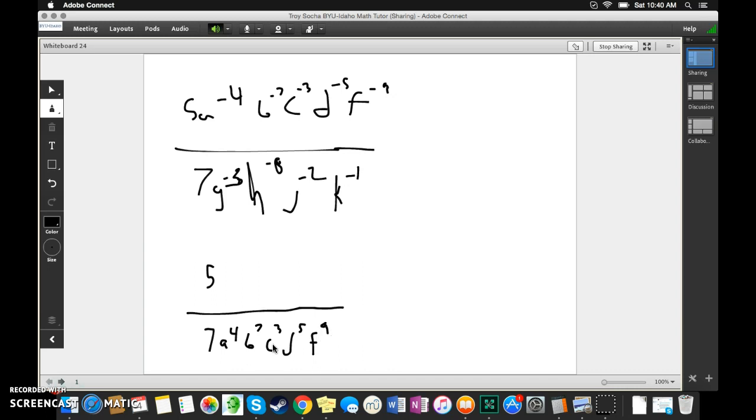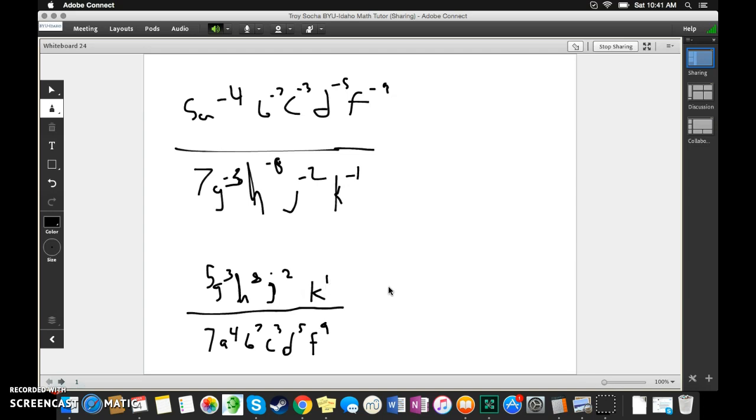So in order to make those negative exponents positive, they went on the bottom. That's all that happened there. This one, on the other hand, they go to the top. So we're going to say g to the 3, h to the 8, j to the 2, and k to the 1.